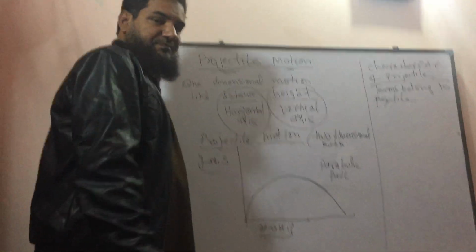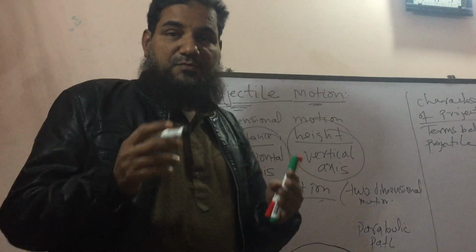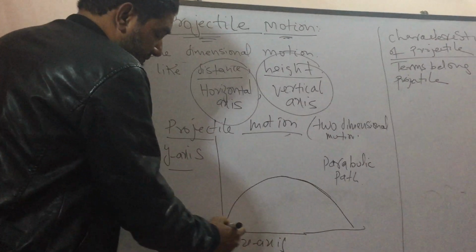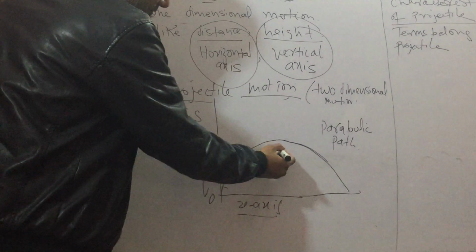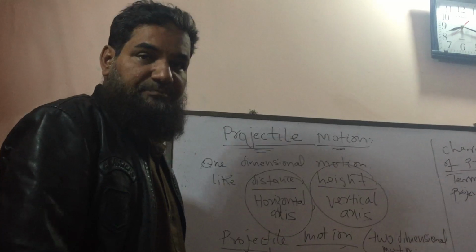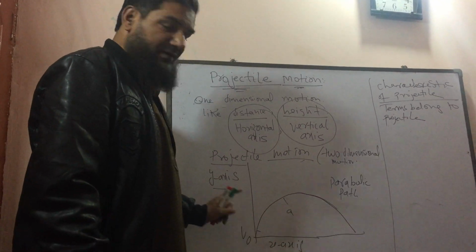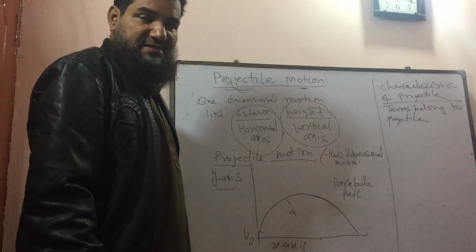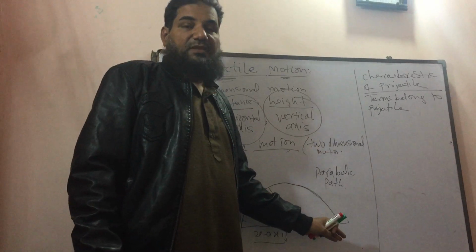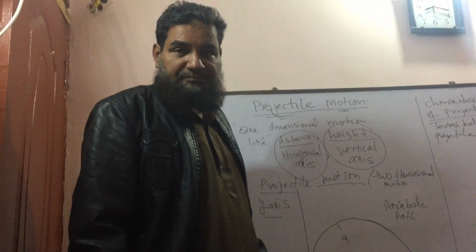This movement is projectile movement, or we can define it as when an object starts movement with initial velocity v0 and under the influence of gravity, the object moves along the x and y axes. Covering this distance and height, this movement is called projectile movement.